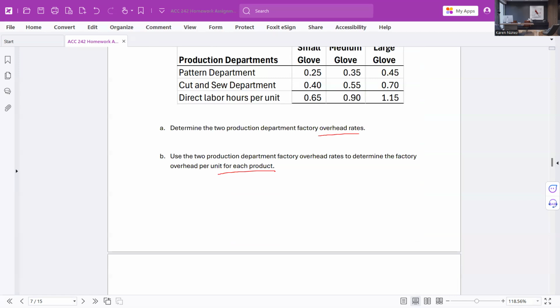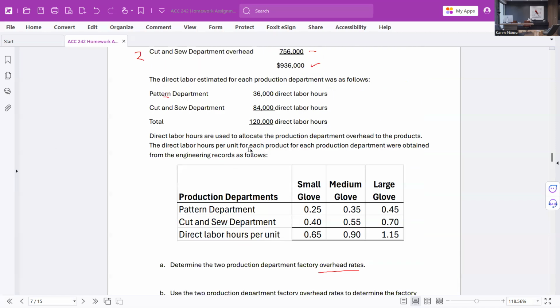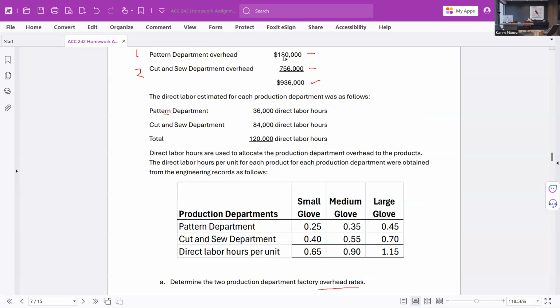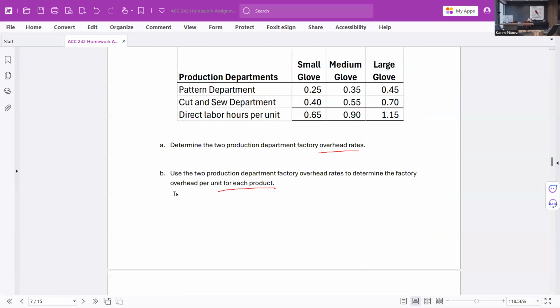So if we're looking at the pattern department, again, we're going to take the cost of 180,000 divided by 36,000 hours, right?